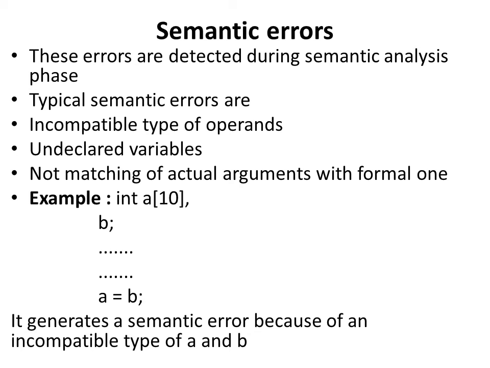Inside the program, b is assigned to the array a, which is not allowed. So it generates a semantic error because of incompatible types of a and b, where a is the array and b is the ordinary variable.